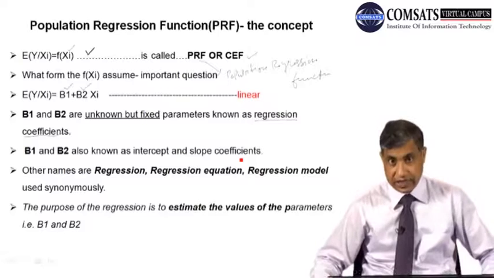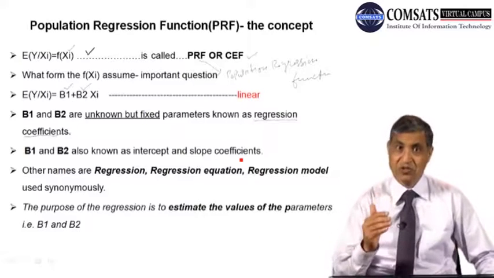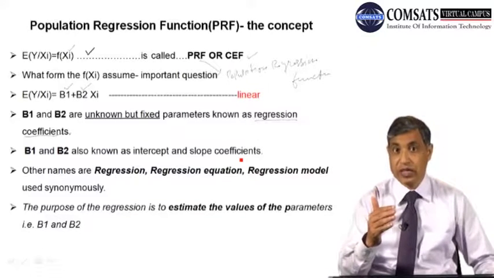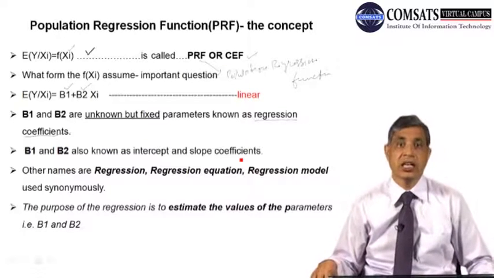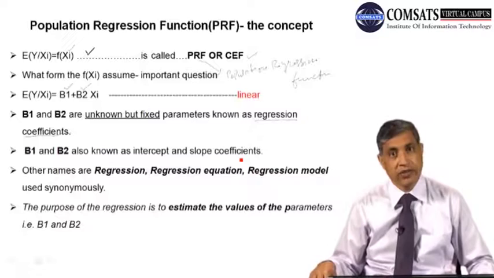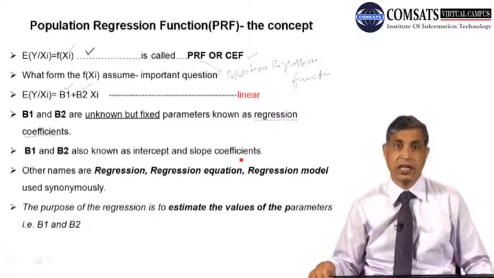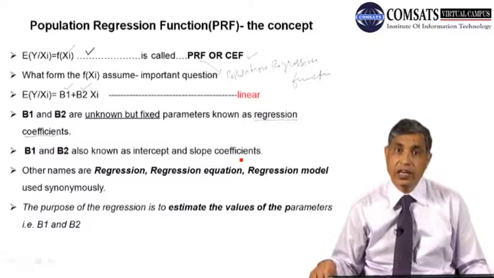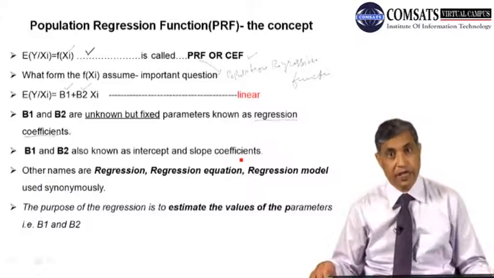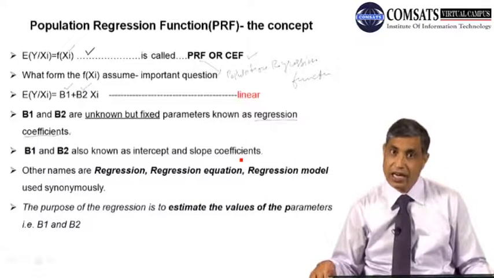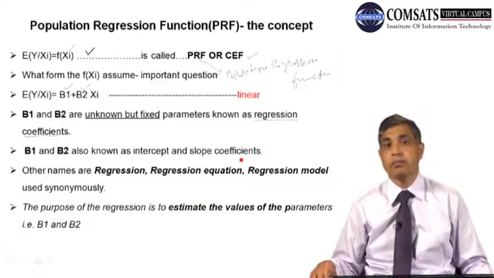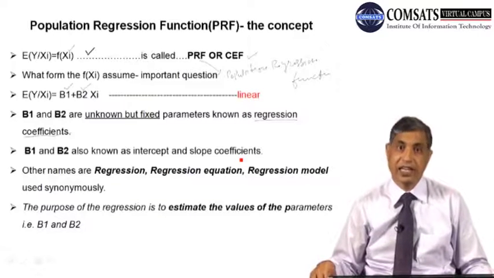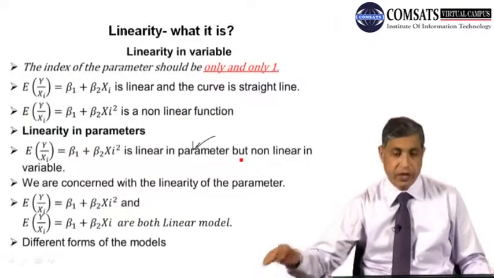The purpose of the regression, now we are inching towards the estimation, that is our ultimate objective in the regression analysis: to find the values of beta 1 and beta 2, that are the intercept and the slope coefficients, when we restrict ourselves to the bivariate or two variable regression analysis.